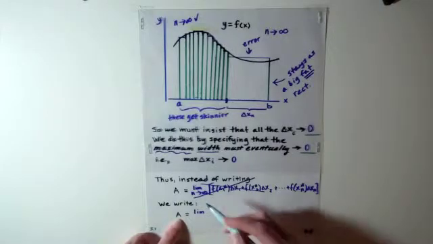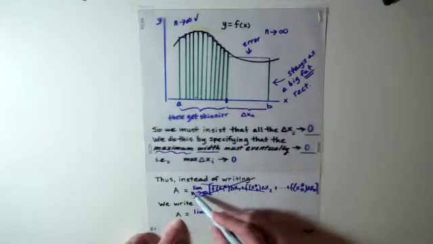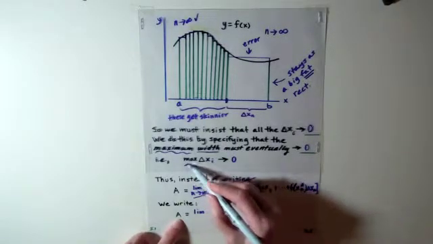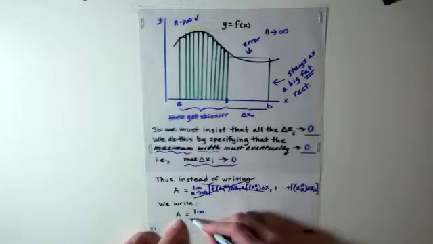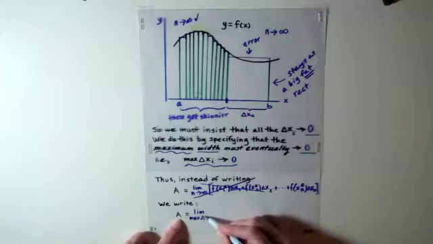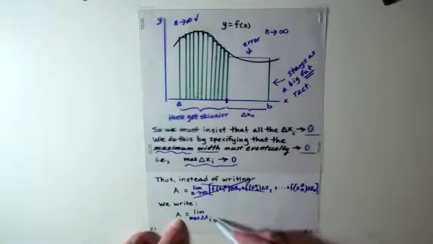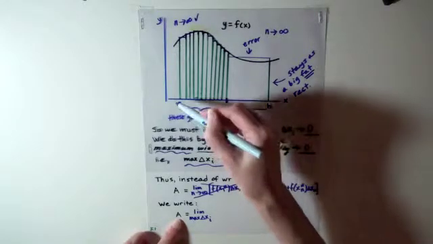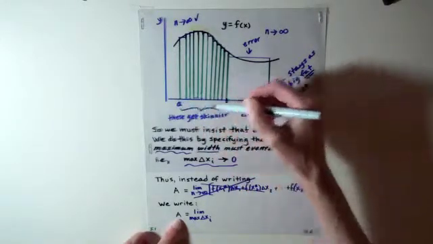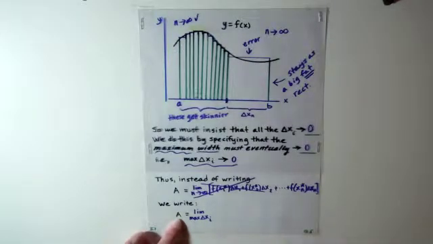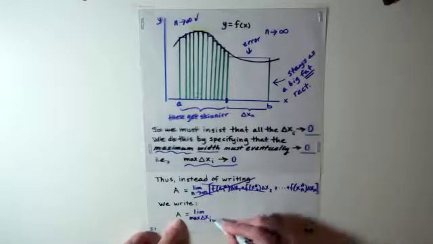The limit, and instead of saying the number of rectangles goes to infinity, we just make this statement right here. The maximum of all of the widths, and I leave this as an unknown subscript, so the maximum of the delta xi, where i could be any of the widths from i equals 1 up to i equals n, the maximum of those has to go to 0.